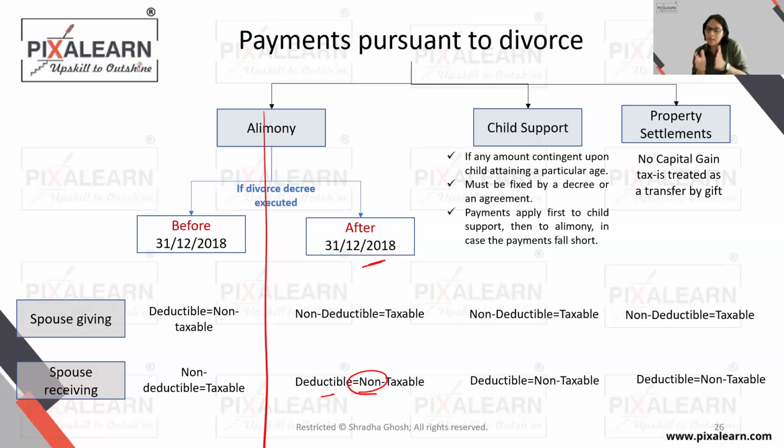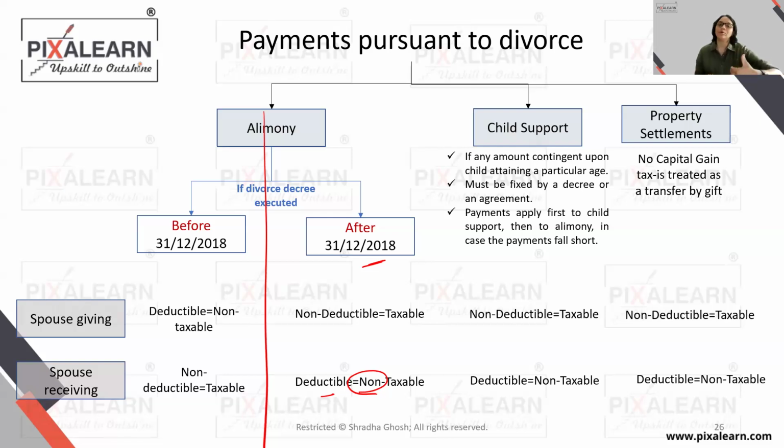That is what is happening now. Any part given as child support, alimony, or property settlement, nothing will be taxable in the hands of the recipient. Everything will continue to be taxed in the hands of the payer.